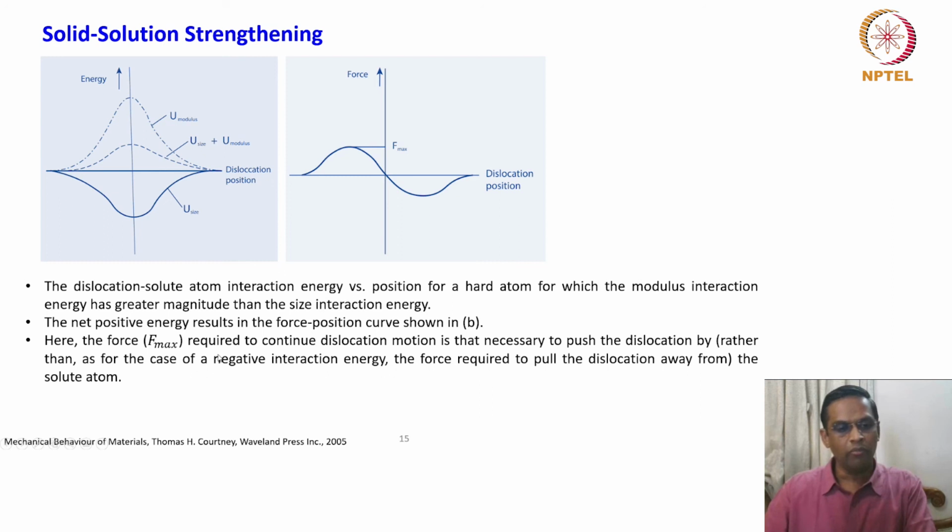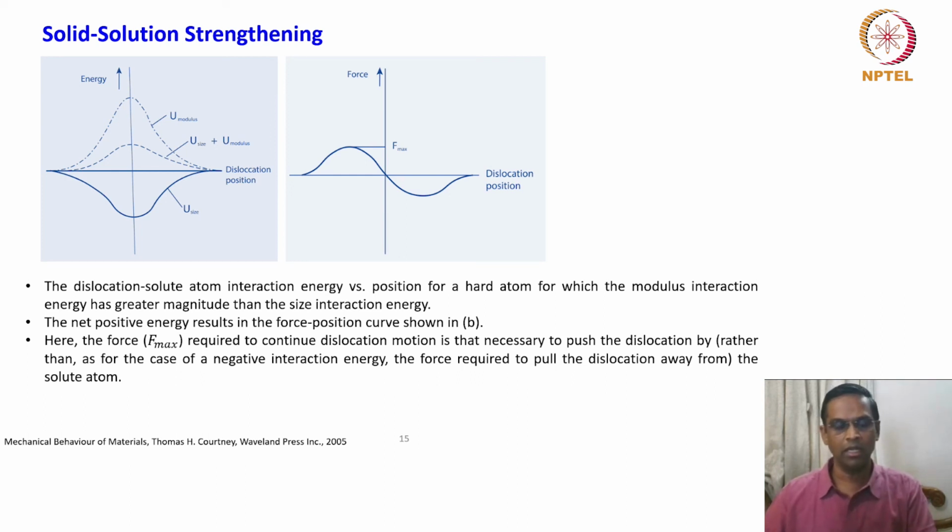Here the force F max required to continue the dislocation motion is that necessary to push the dislocation by, rather than, as in the case of the negative interaction energy, the force required to pull the dislocation away from the solute atom. Here it is slightly different. There we said tear away. Here it is kind of a push.